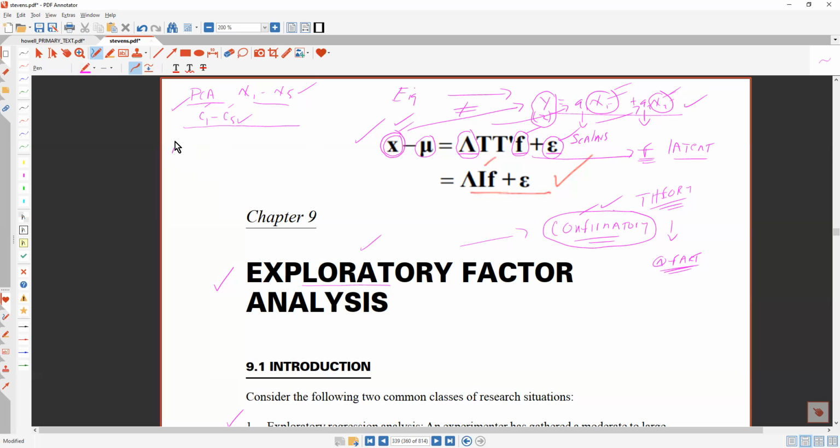EFA is different in that if I start off with my X1 through X5, I'm going to run the EFA, but I'm going to have to request how many factors I'd like to extract. So when we talk about EFA, we're talking about extraction of factors.